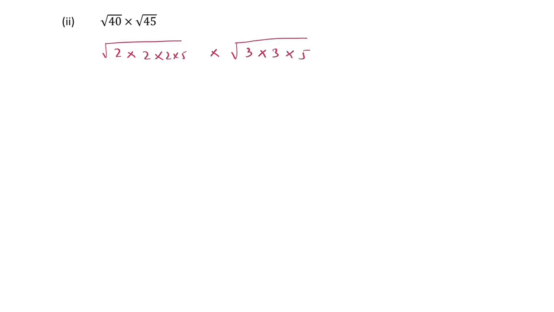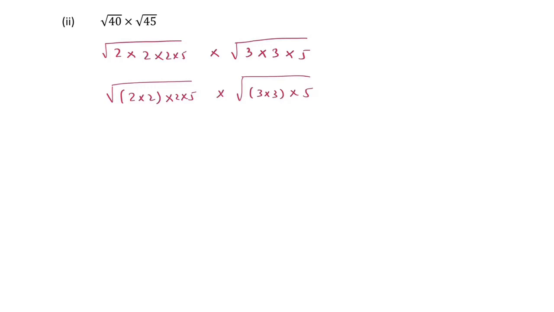Okay, so next, let us now separate those numbers which can make squares. Then we are going to have under root, in brackets, 2 times 2 times 2 times 5 times under root, in brackets, 3 times 3 times 5.